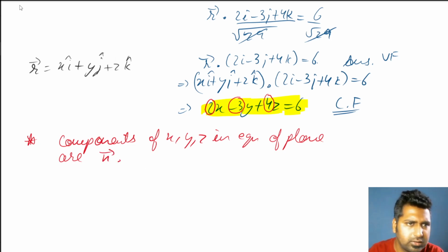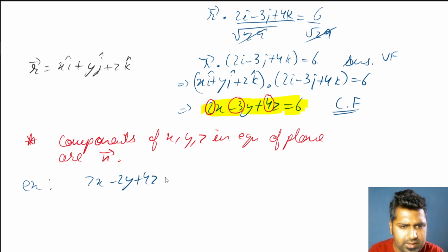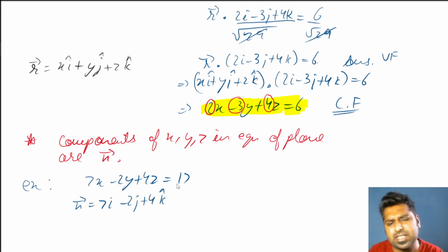So for example, I say a random equation 7x minus 2y plus 4z is equal to 17, something like this, and ask you to find its normal vector. The moment you see this equation, you can say I know the normal vector of this. The normal vector is 7i minus 2j plus 4k. Just introduce ijk instead of xyz. That's it.